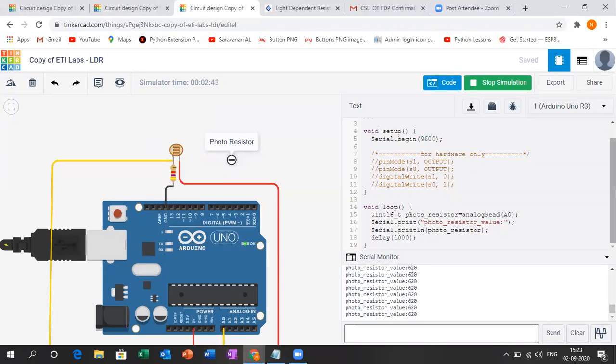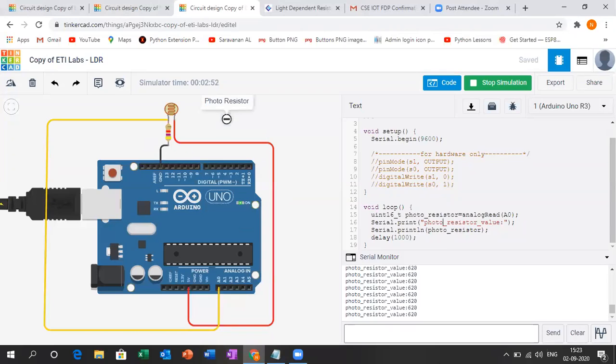Which one, sir? Connection. Hello, sir. Yes, Nadir. Okay. So Nadir, I am just explaining. Nadir, you can share the screen.